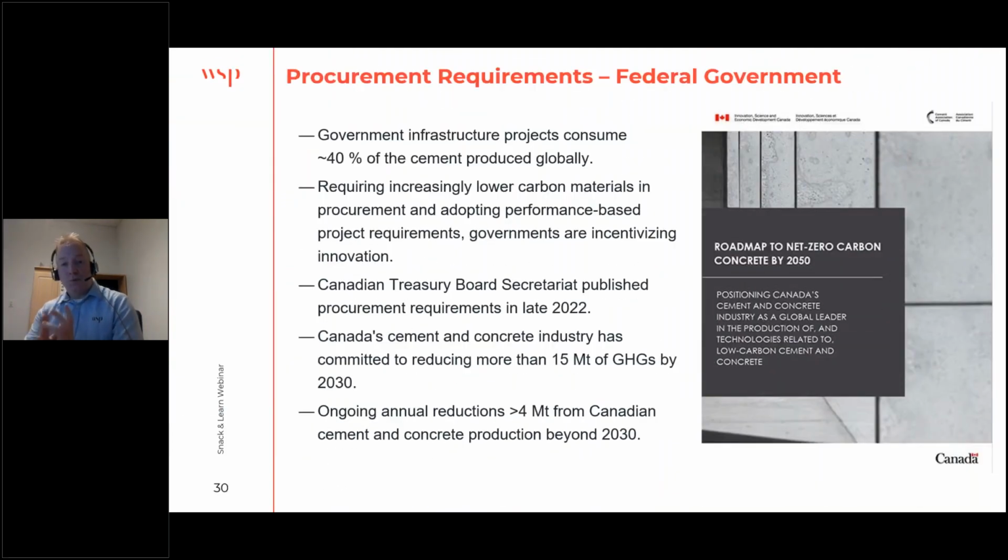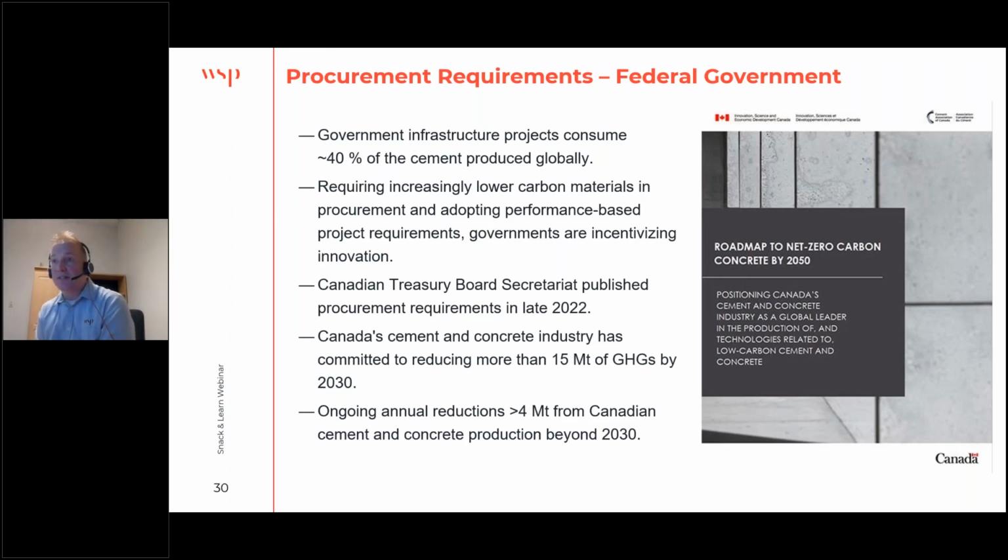And what we really need to actually achieve these objectives is leadership, and we're starting to see it from the federal government. In Canada, government infrastructure projects consume approximately 40% of the cement produced, pardon me, not just in Canada, but globally. And it really will be up to the governments and owners to drive the demand for this, requiring increasingly lower carbon materials and procurement, adopting performance-based approaches.